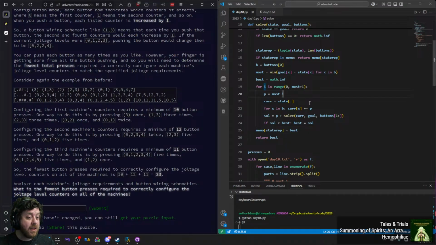I can try only allowing myself to press each button 0 or all times, but I think I can concoct an example where that's not correct.